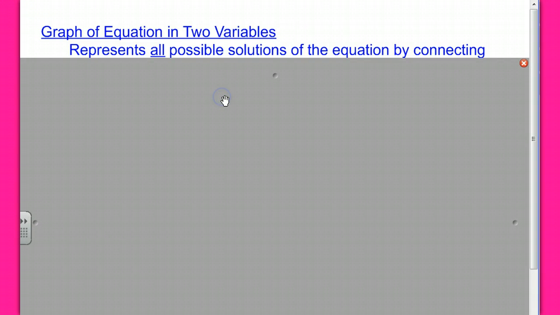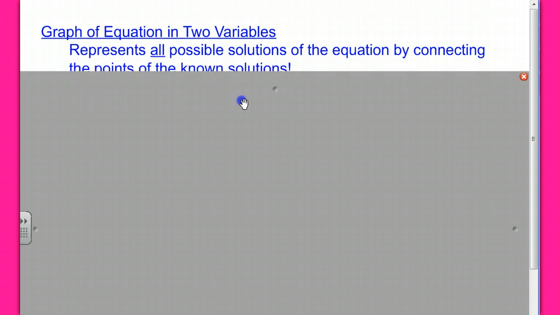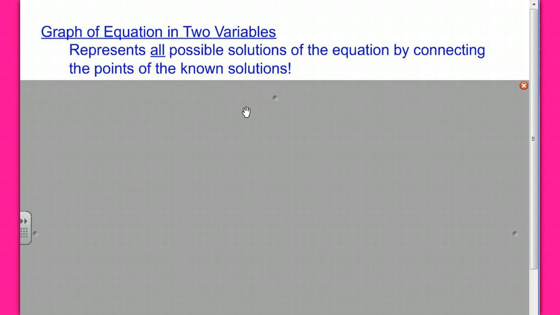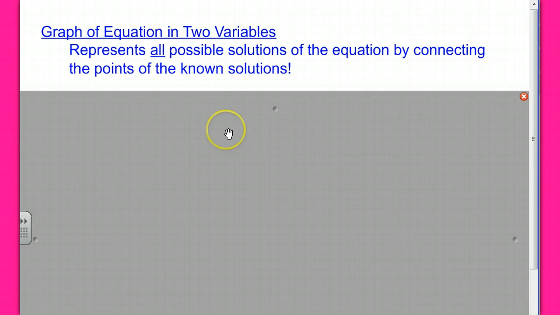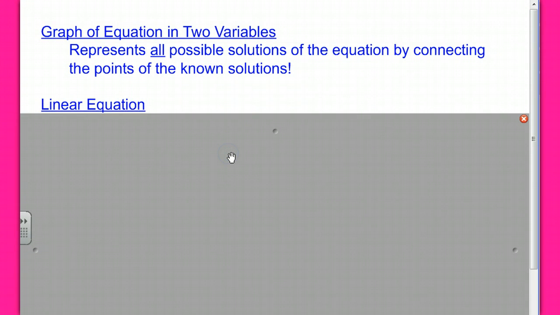I mean, a line by definition is infinite, right? So when we graph an equation in two variables, it represents all the possible solutions of that equation by connecting the points of the known solutions. We find a few known solutions, we connect them, and we extend that. Because we're starting with the most basic type of function, which is a linear equation.